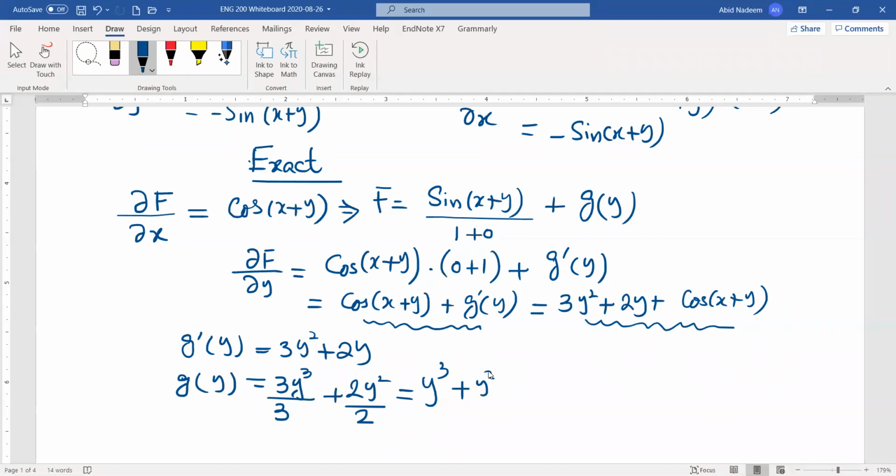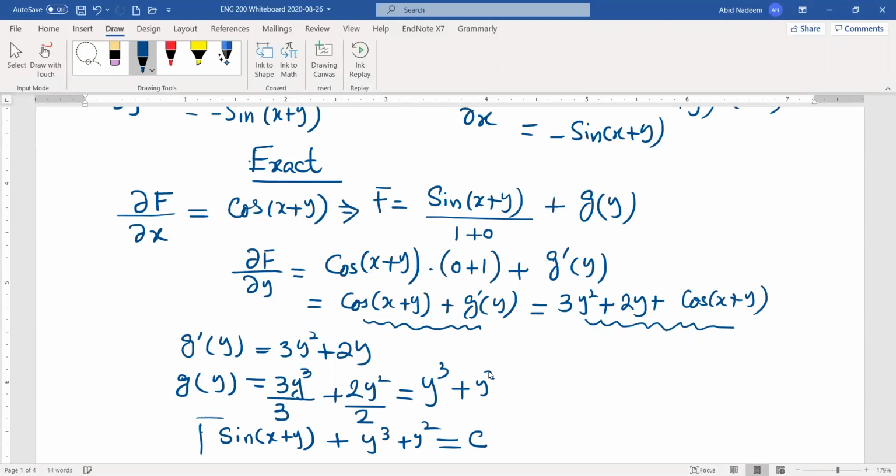So now we know that our solution is f. So what is that solution? Sine of x plus y, plus g of y. For g of y, we have already found y cube plus y square. So this is the solution function. And then at the end, we will say that it will be equal to a constant value.